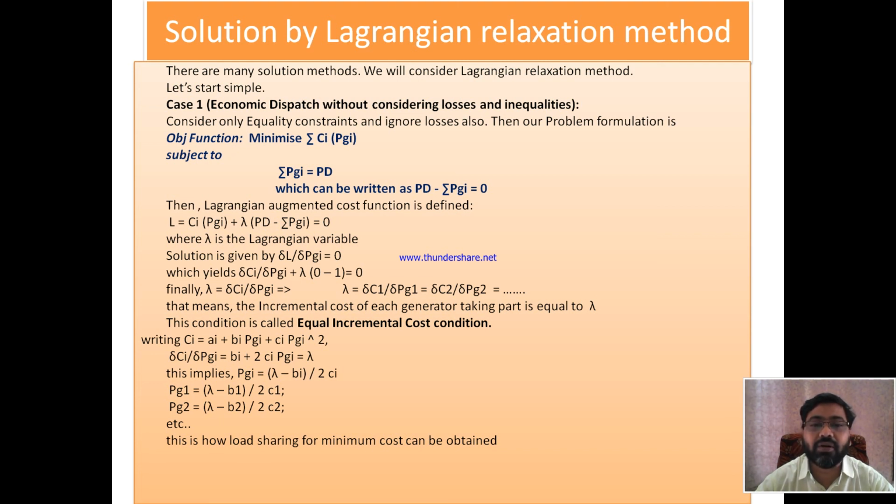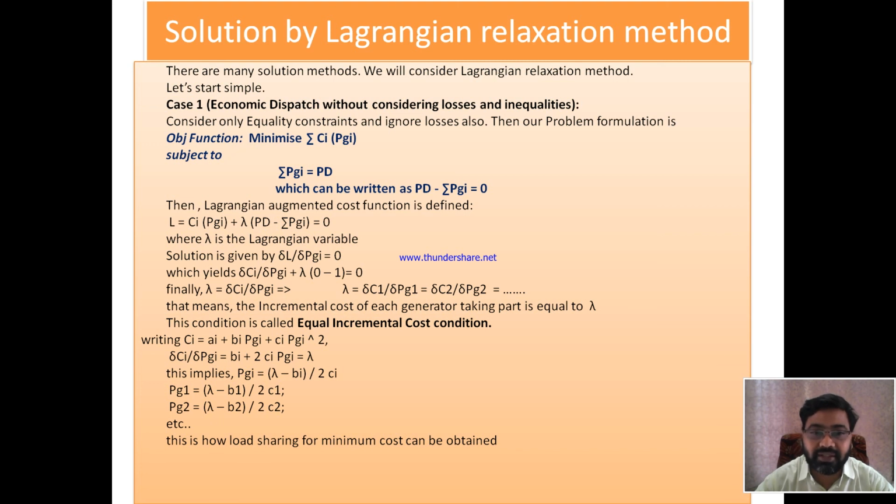So the incremental cost of each generator taking part in the power production process should be equal to lambda. This condition is called the equal incremental cost condition. This condition will give you the least cost power generation.